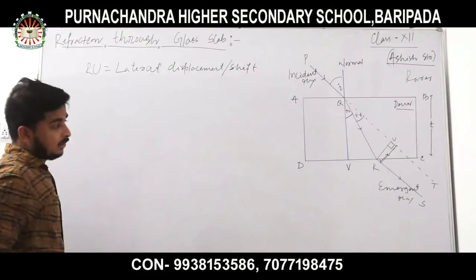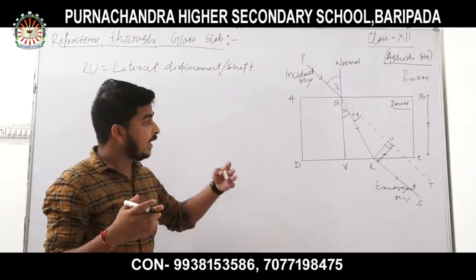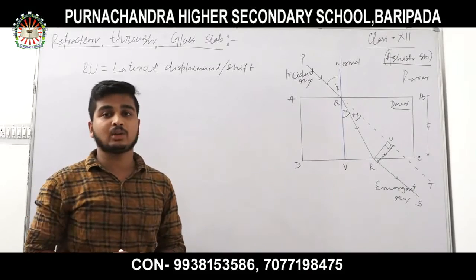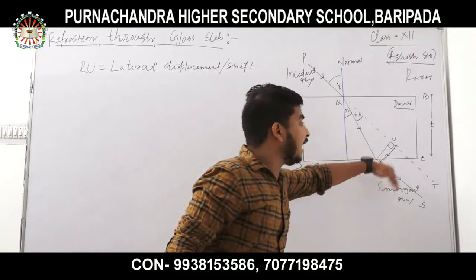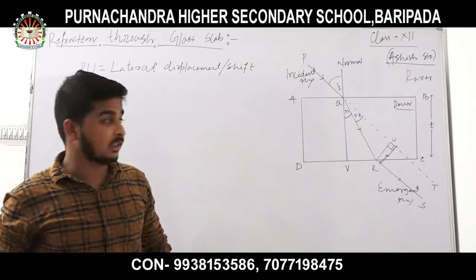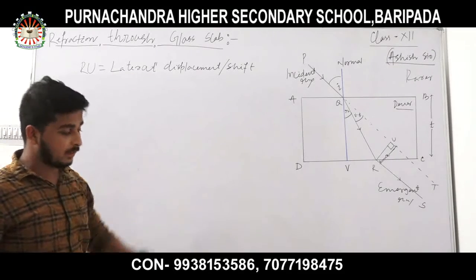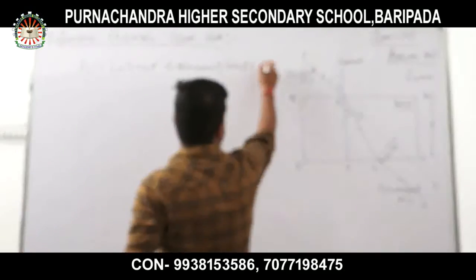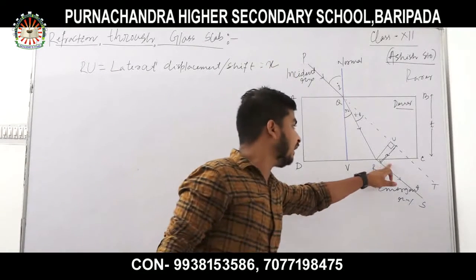I have already discussed that lateral means something related to the side. The ray is shifted to the side, parallel to its original path. This lateral displacement or lateral shift can be denoted as X.